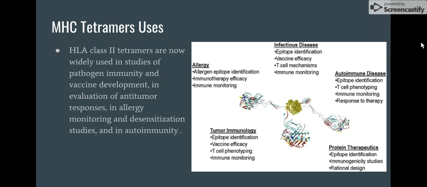So those are just a few of the different uses that we have for MHC tetramers. A lot of it is going into helping autoimmune diseases, cancers, and infectious diseases. So there's a good amount of studying and research going on using these.